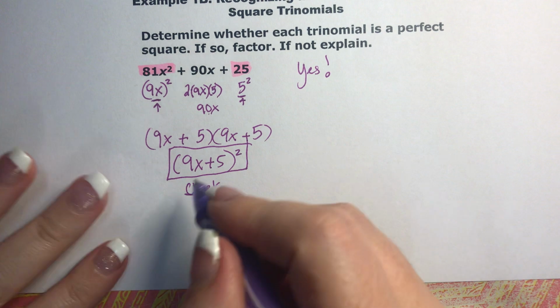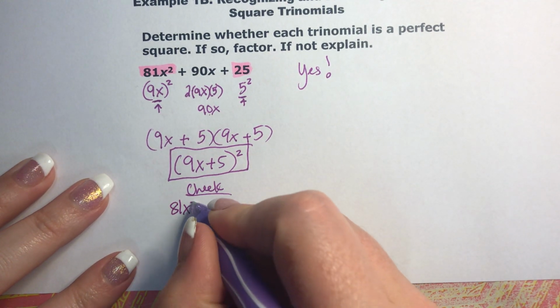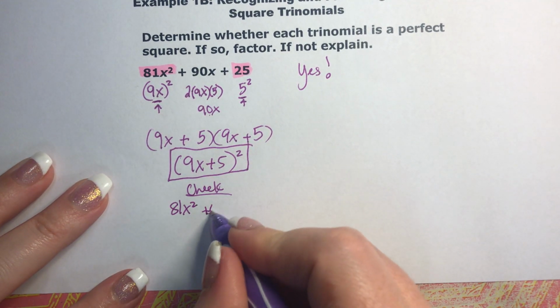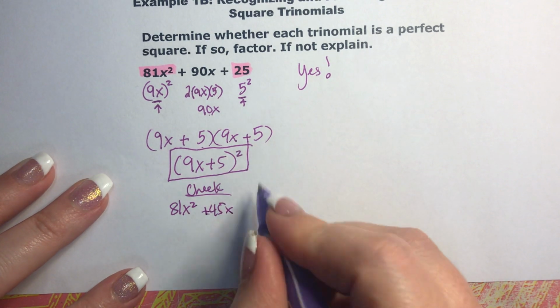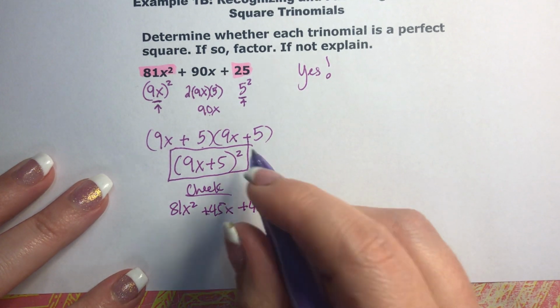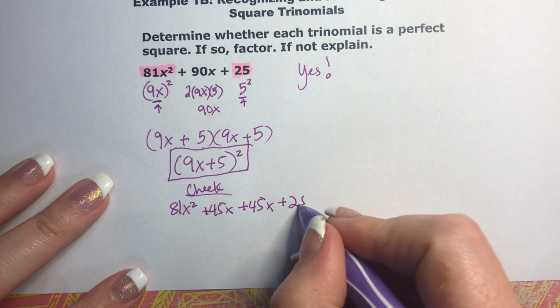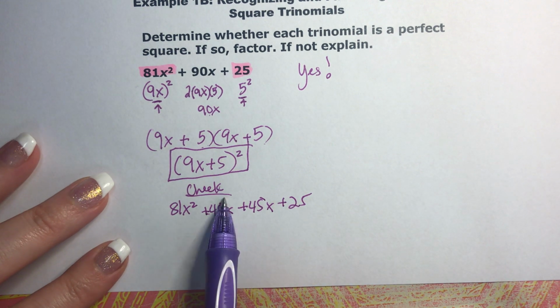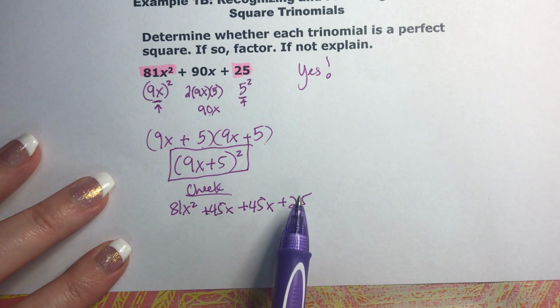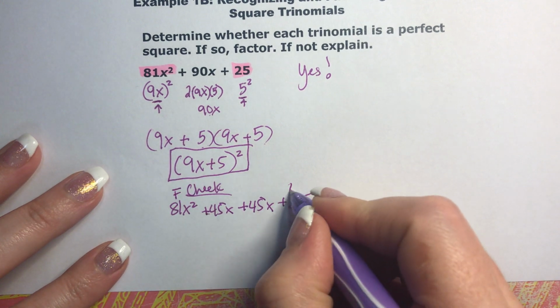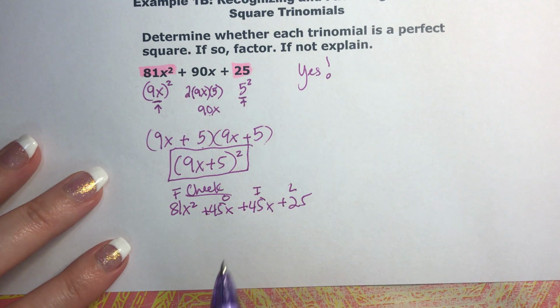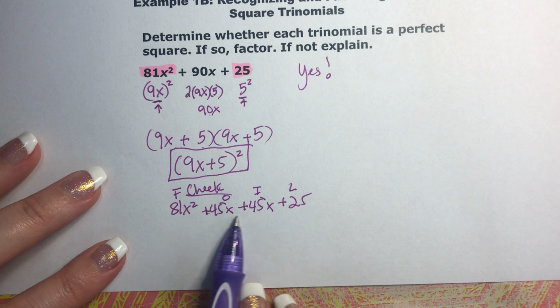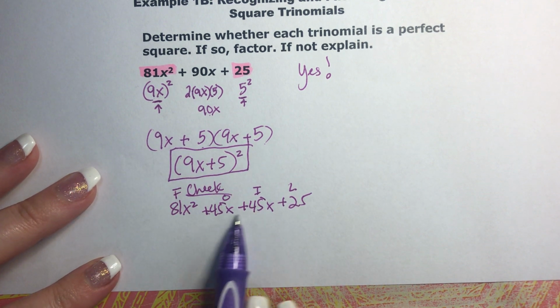9x times 9x is 81x squared, right? 9x times 5 is plus 45x. And then 5 times 9x is plus 45x. And then 5 times 5 is 25. So this is my first, this is my outside, this is my inside, this is my last. See how your outside and your inside with a perfect square trinomial are the same?